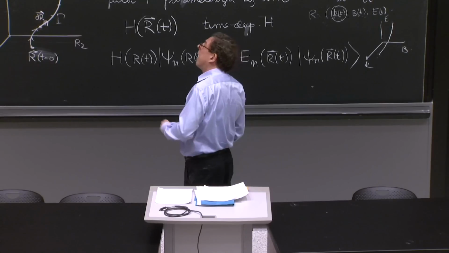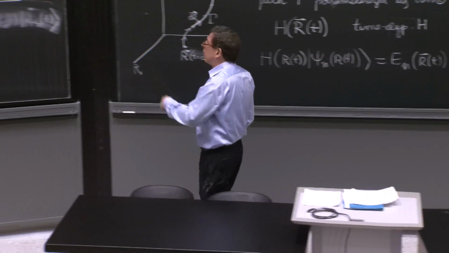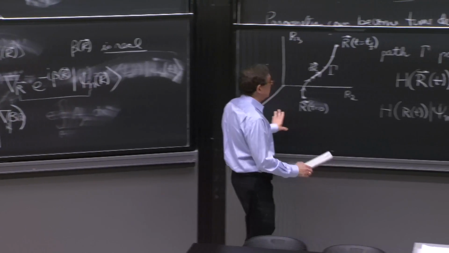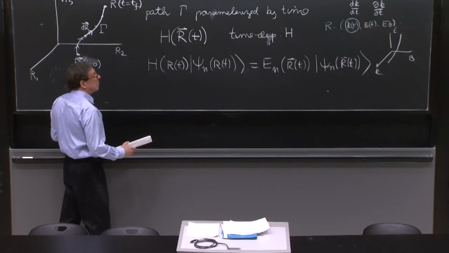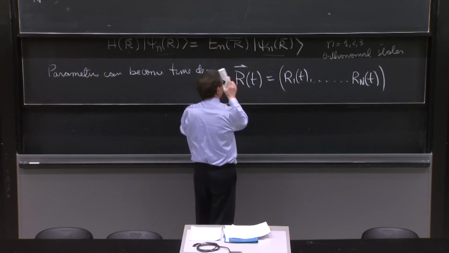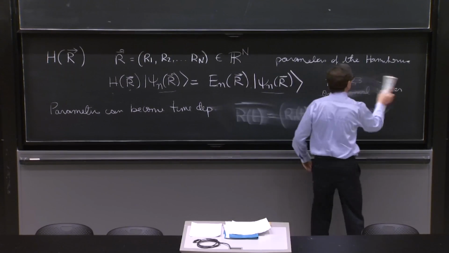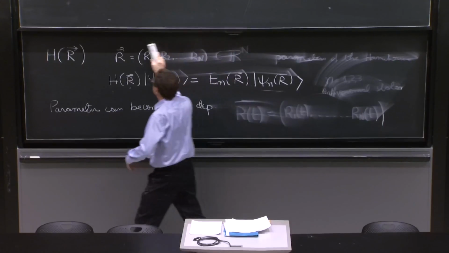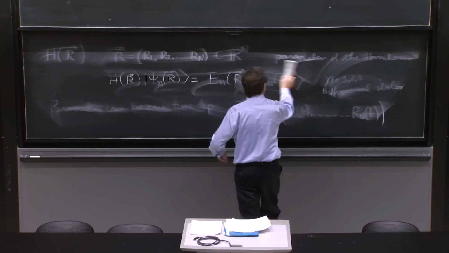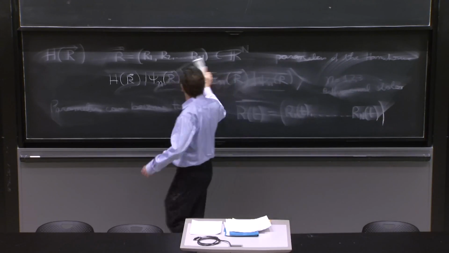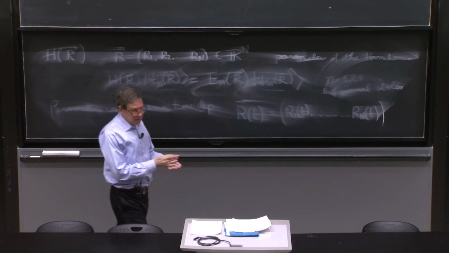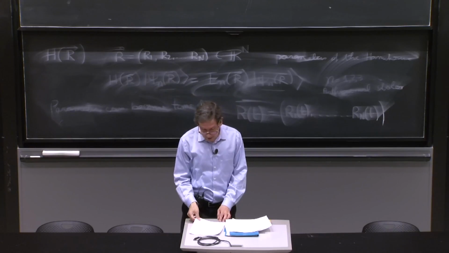But let's see, we have now what happens to the connection. Let's see what happens to the Berry's phase if you do this. So the Berry's phase over there is this integral. So the Berry's phase can change. And let's see, what happens to the Berry's phase.